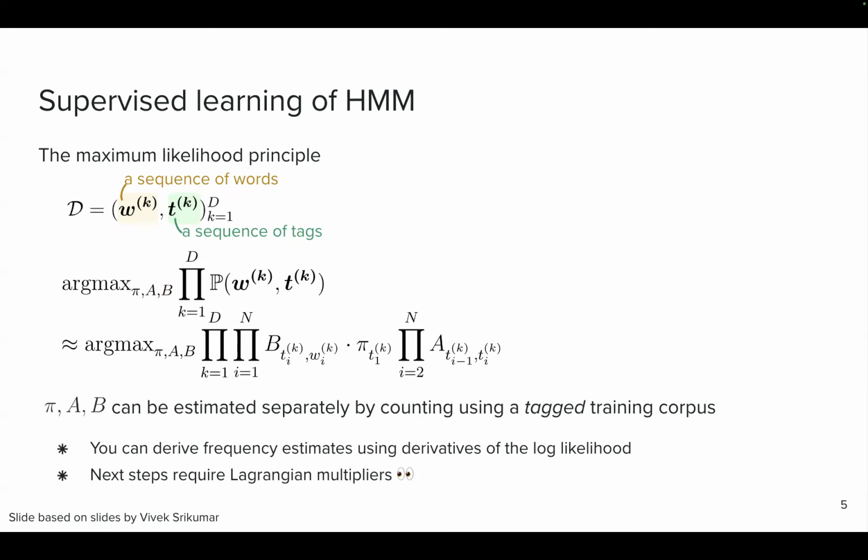And as always, if I write the probability of this data set, we would use the assumption that our data points are identically and independently distributed, which means that the joint probability of all of these labeled instances can be written as a product of their individual probabilities.